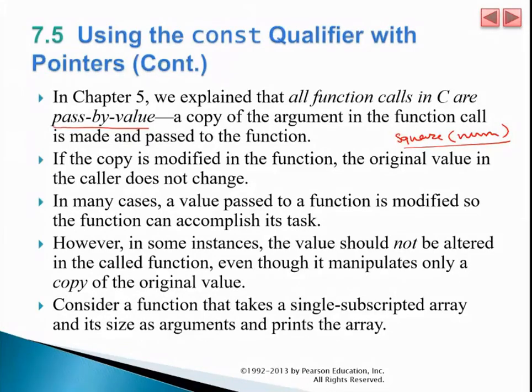So in many cases, this is required. And this is a very simple case, right? So can you give me an example of this? When we pass a value in the function, and to complete the task, the function needs to modify that value. Any example of this?